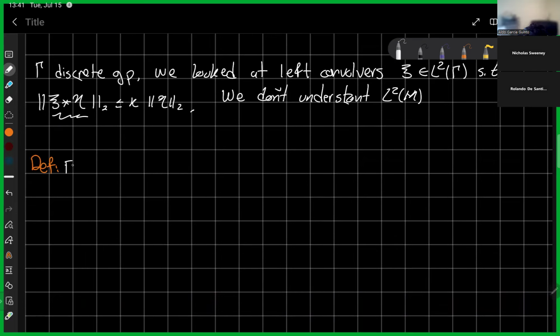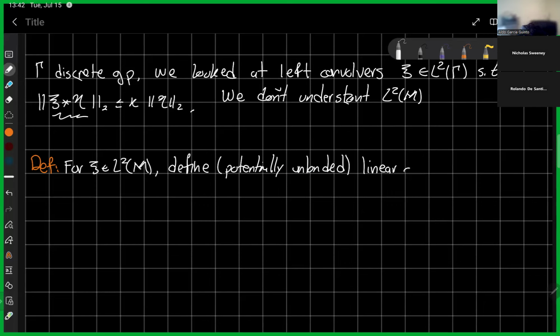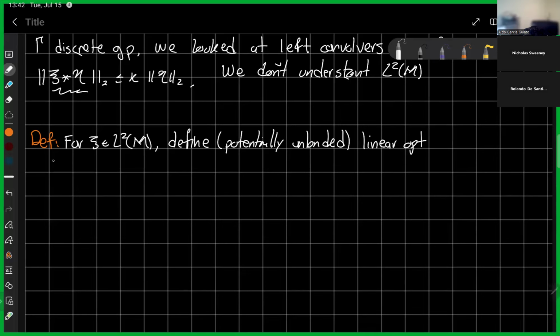So we have a definition. For c in L2 of M, we define the following possibly unbounded linear operators, lambda c.